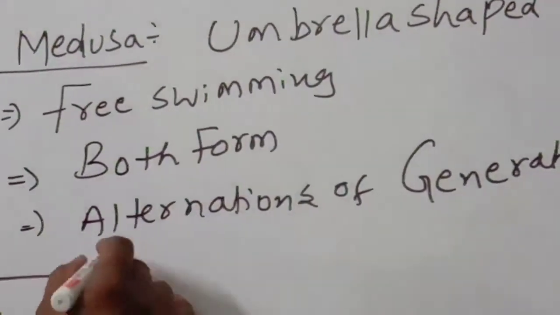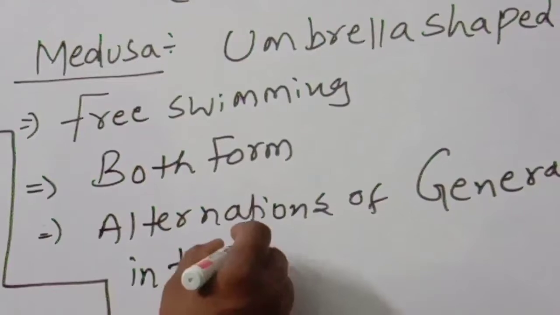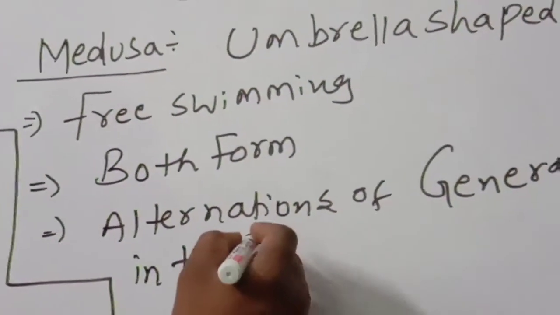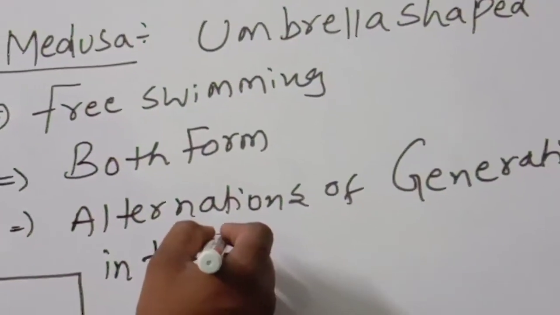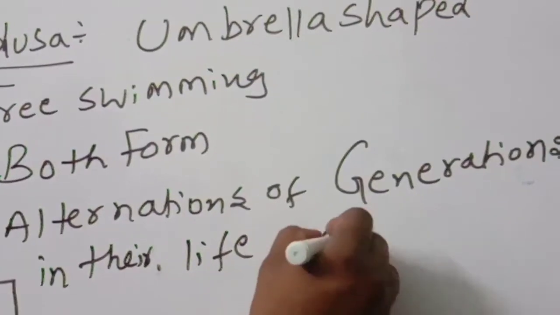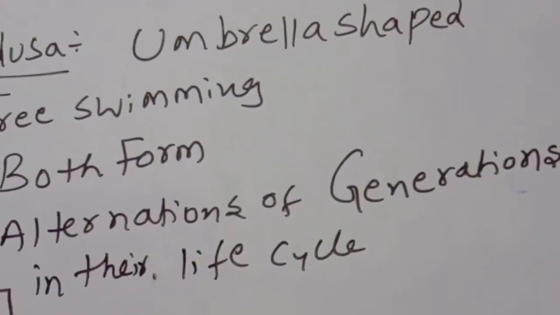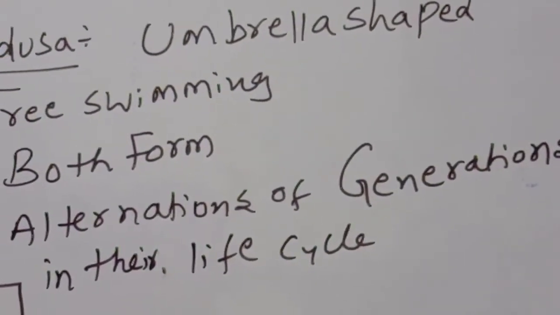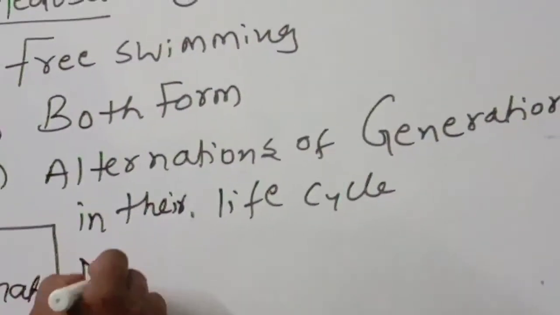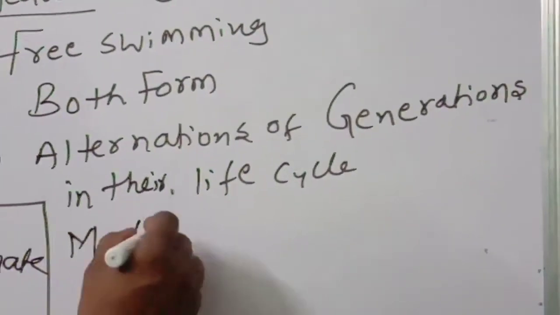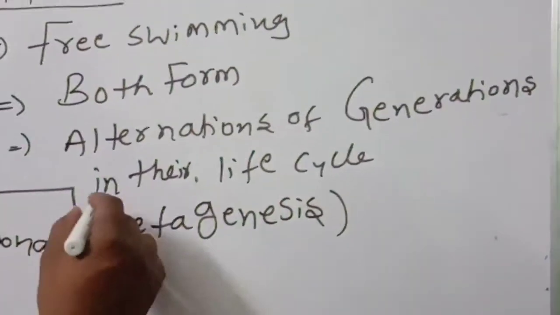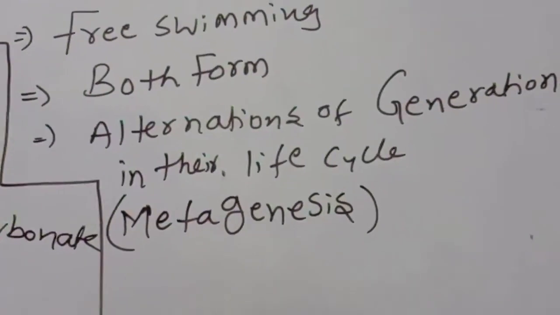In their life cycle, polyp to medusa, medusa to polyp. Two forms are there, no? One generation is polyp, another generation is medusa. That is called alternation of generations, also called by a special term, metagenesis. This point you should remember.